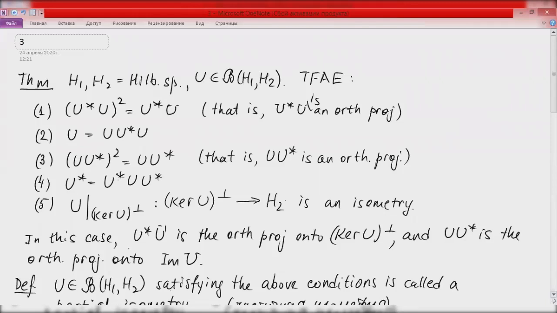So this implies that U is a co-isometry if and only if U is a partial isometry whose final projection is the identity map. Or equivalently, this is a surjective partial isometry. But by condition 5, U is a surjective partial isometry if and only if U is a unitary operator between the orthogonal complement of the kernel and H2.